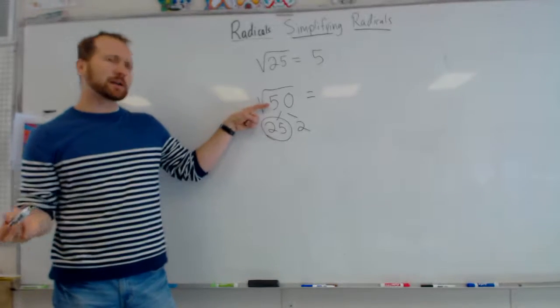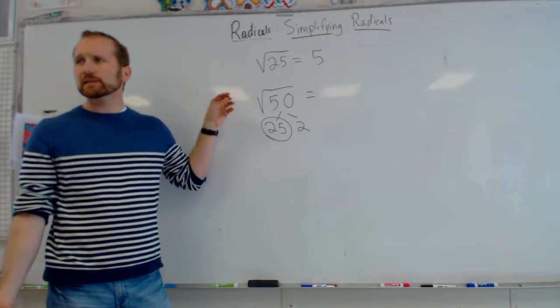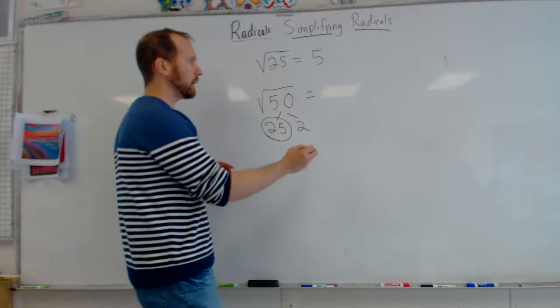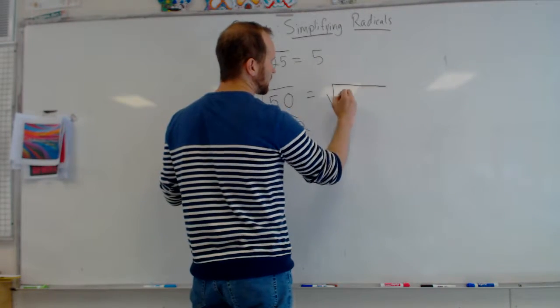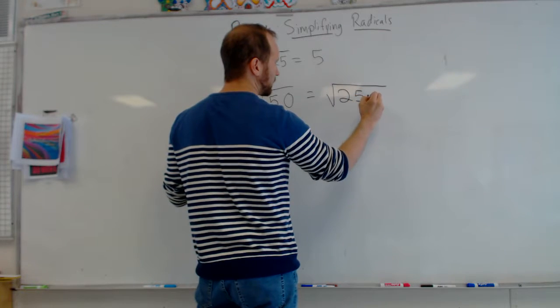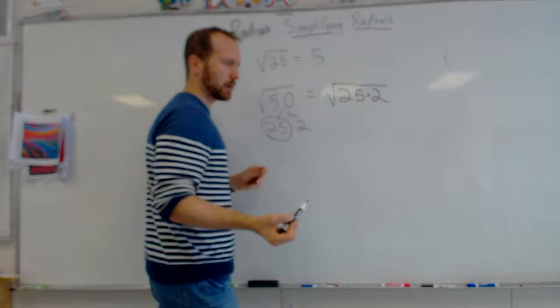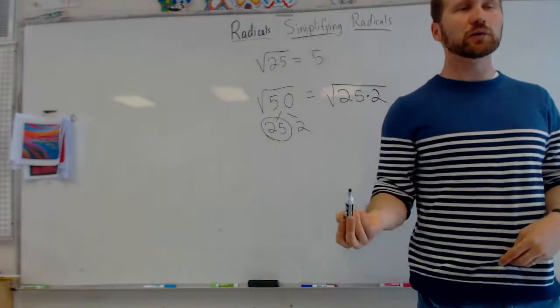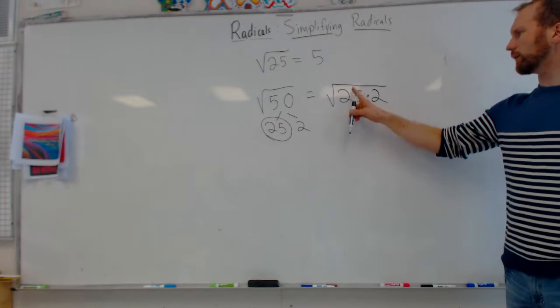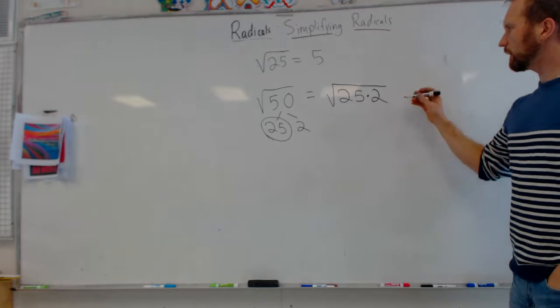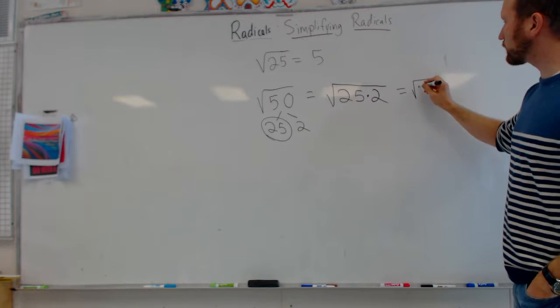So if I can find a number that is a perfect square, here's what I can do. I can say the square root of 50 is the same thing as the square root of 25 times 2. And here's where this square root rule comes in. If I have the square root of something times something, that is the same thing as the square root of the first thing times the square root of the second thing. So square roots break up or distribute over multiplication.